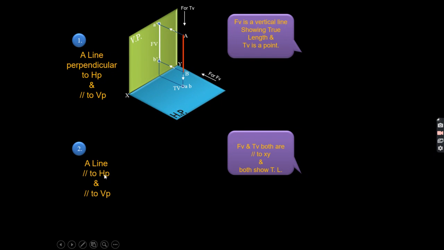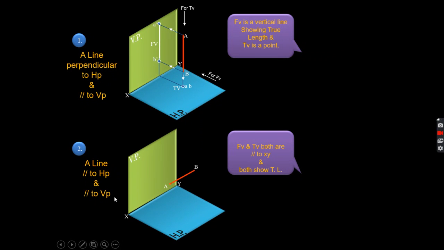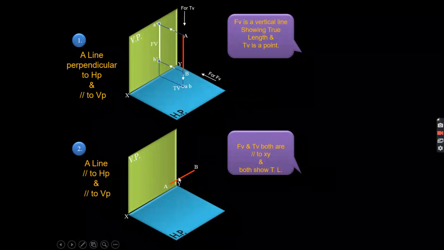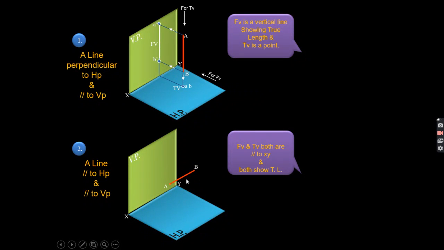This is the second case, when the line is parallel to the HP and parallel to the VP both. The line will be like this, and the distance of the line from the vertical plane you can take as 30 mm, and you have to draw the projection of this line.